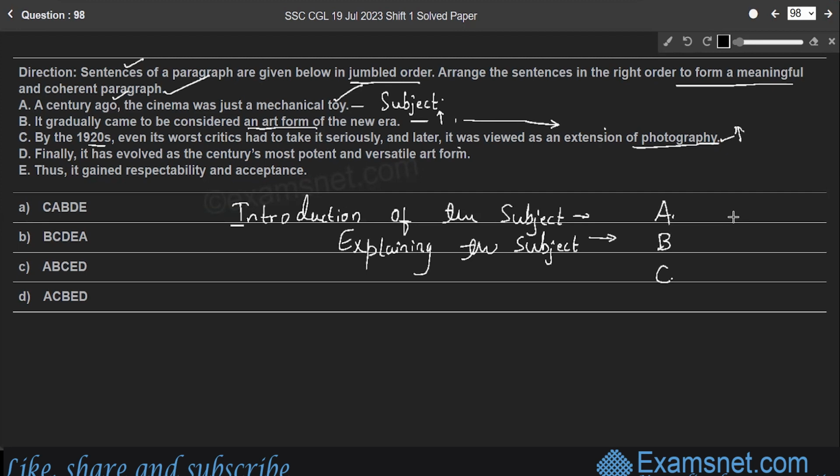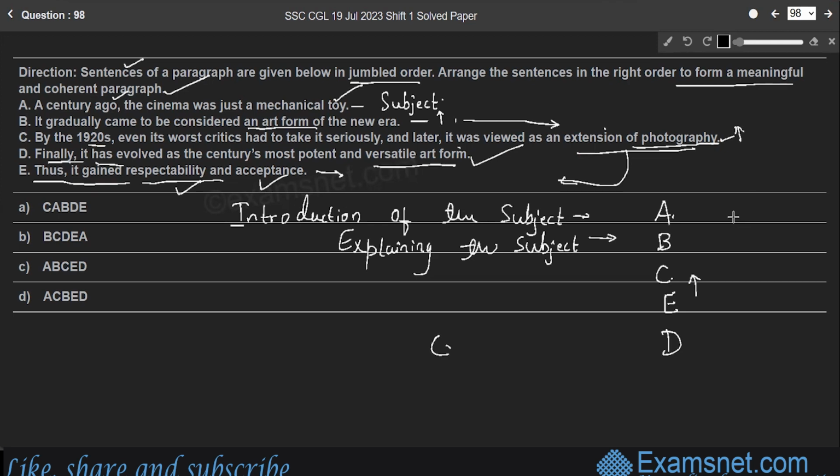So after C, take sentence E. Thus, it gained respectability and acceptance. So by the 1920s, even its worst critics had to take it seriously, and later it was viewed as an extension of photography. Because of that, it gained respectability and acceptance. So sentence E gives support to sentence C. And finally, the conclusion part is, finally, it has evolved as the century's most potent and versatile art form.